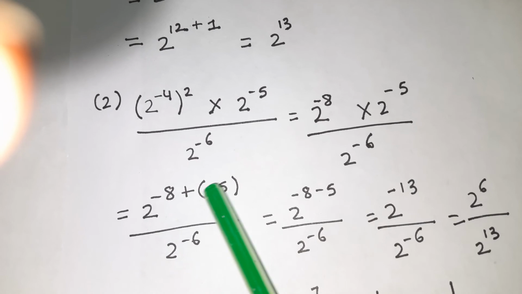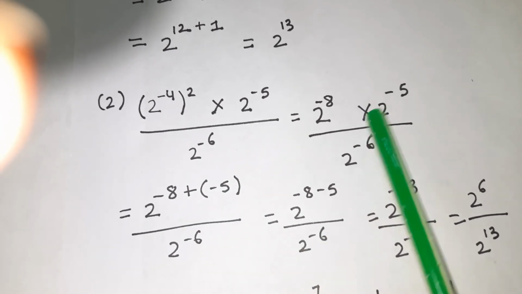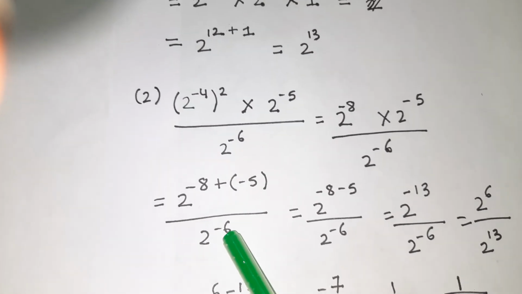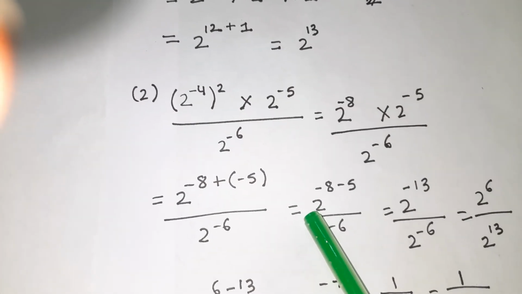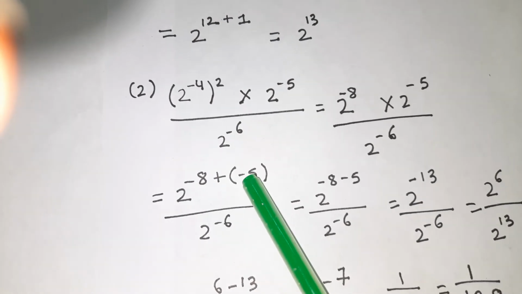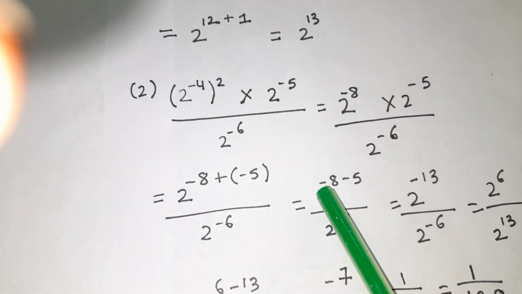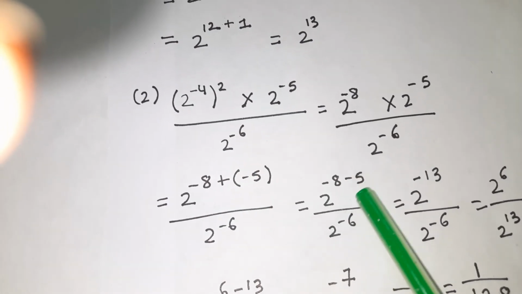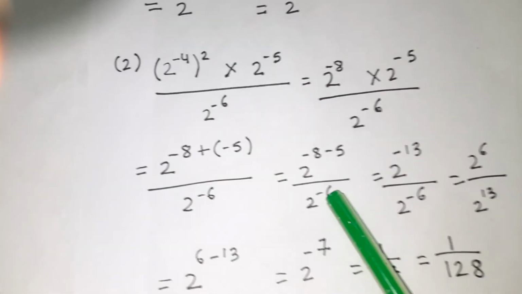So 2 raised to the power minus 8 plus minus 5. So power you have to add, divided by 2 raised to the power minus 6. So you add now minus 8 plus minus 5, which will become minus 13.